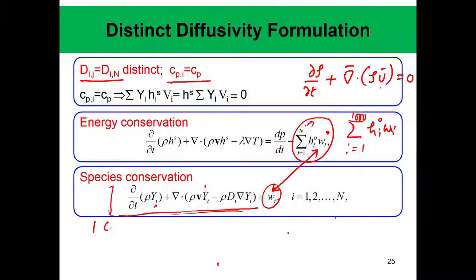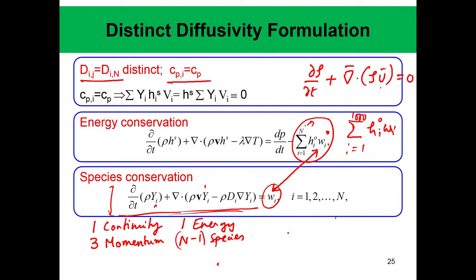The total number of equations you will have to solve is one continuity equation, 3 momentum equations, 3 because velocity is a vector, momentum is essentially a vector, 1 energy equation, but that energy equation will contain contribution from all these species i equal to 1 to n, and then n minus 1 species equations, depending on the number of species you have, okay.